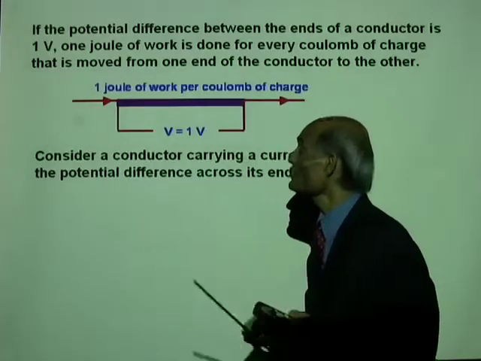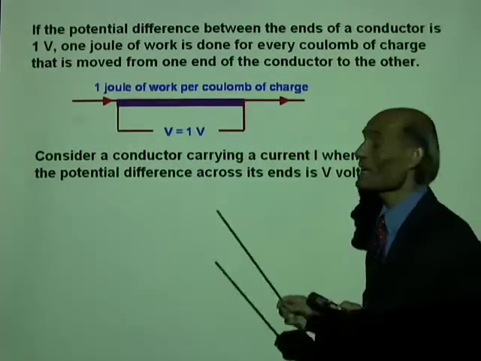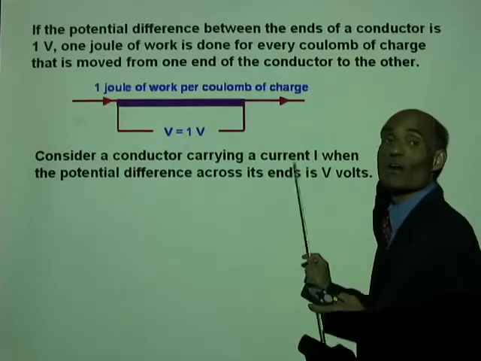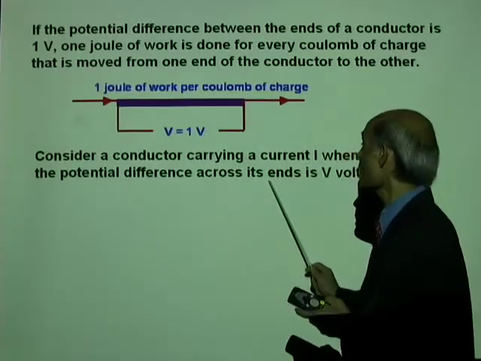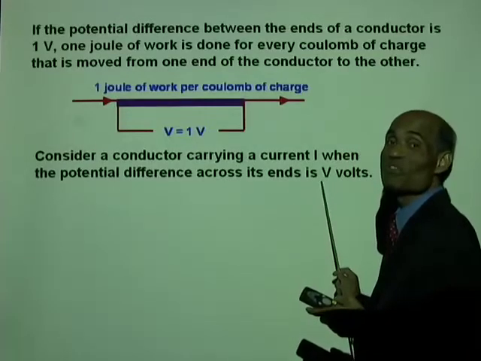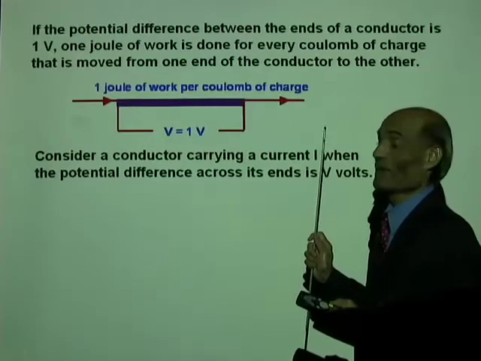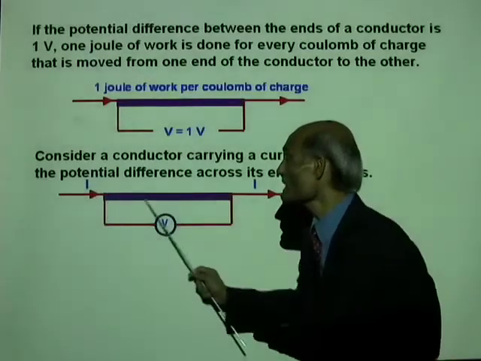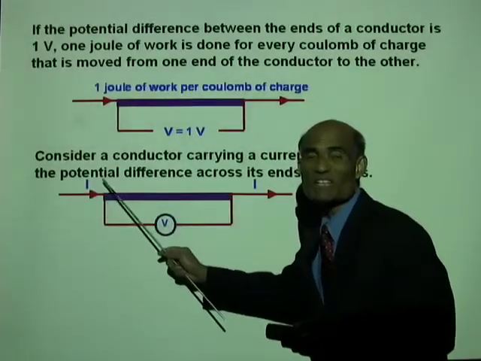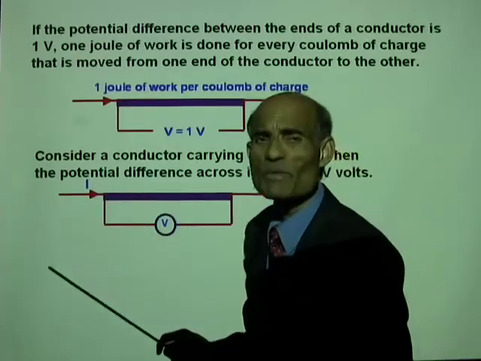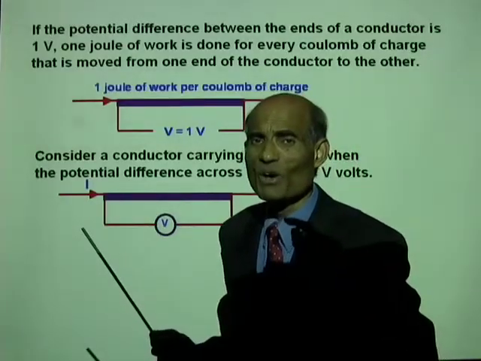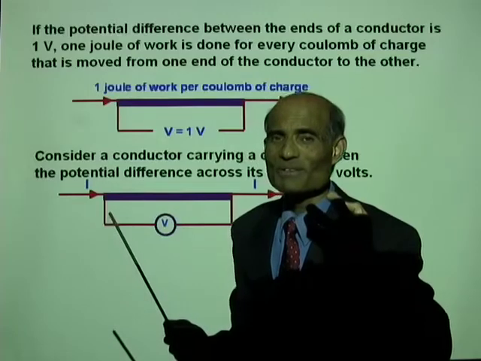Alright, let's consider a conductor carrying a current I when the potential difference across its ends is V volt. We have a conductor here. The current in it is I. What is the meaning of that? What is the definition of current?